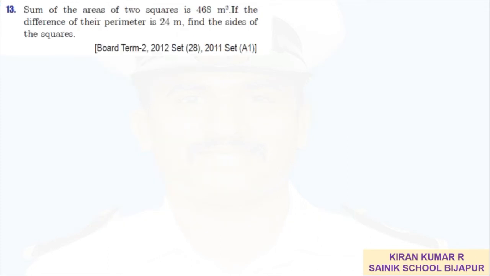13th question is a word problem. Sum of the areas of two squares is 468 meter square. If the difference of their perimeter is 24 meter, find the sides of the square. So there must be two squares.